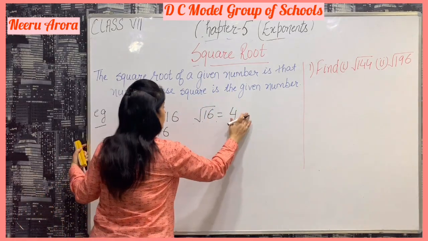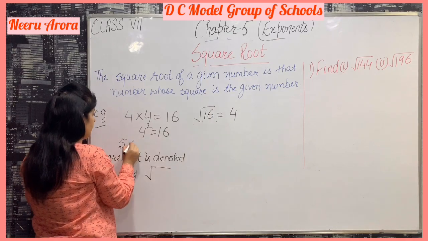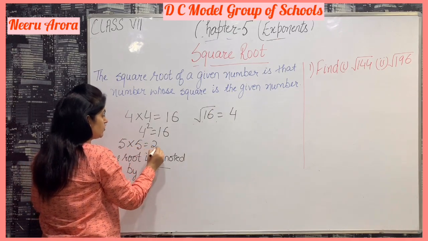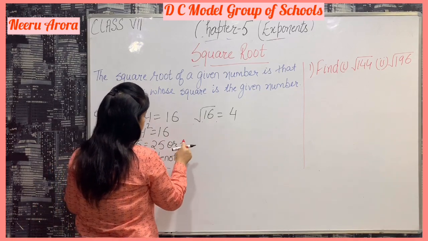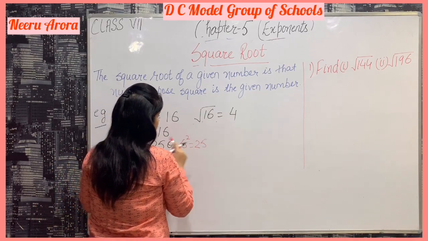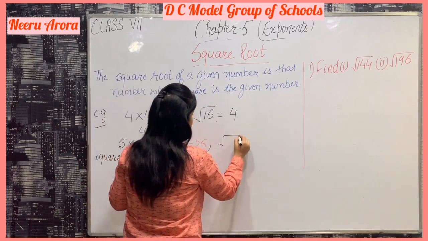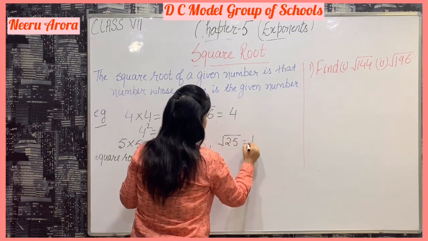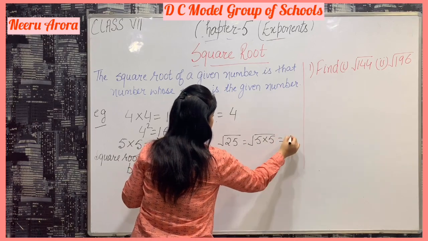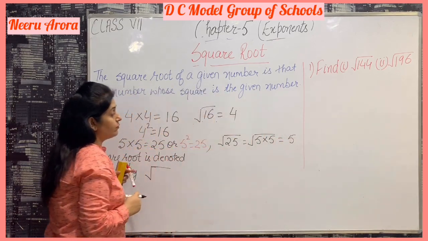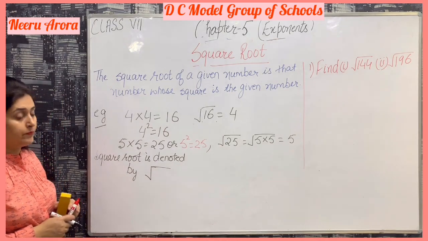So let's take one more example. 5 multiplied by 5 is 25, or you can say 5 square is 25. Then what about square root? Square root of 25, what will we do? 5 into 5. We take 1 out of this pair. Square root of 25 is 5.